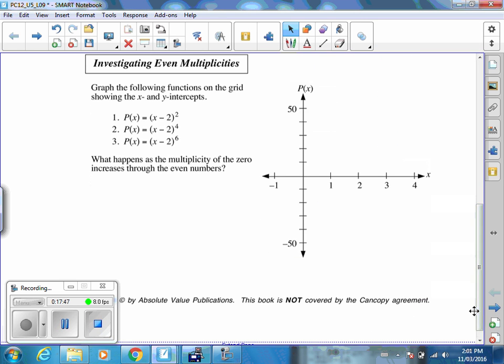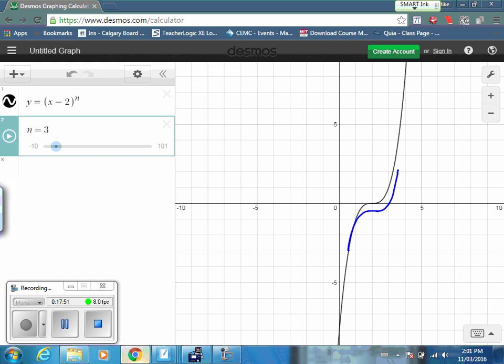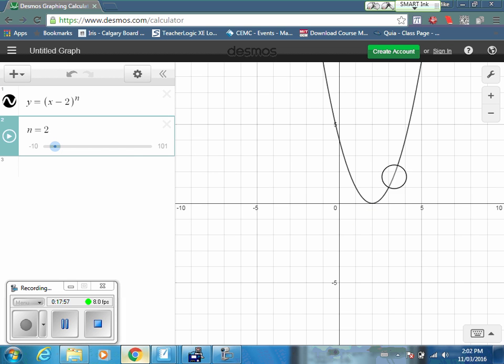The same thing is true of my even multiplicities. So back to my Desmos, so I can go through this more quickly. If we make this 2 instead, boop, there it is, a happy little quadratic thing. How about 4? Huh. Basically the same thing. Again, a little bit flatter in the middle, but basically the same thing. How about 6?